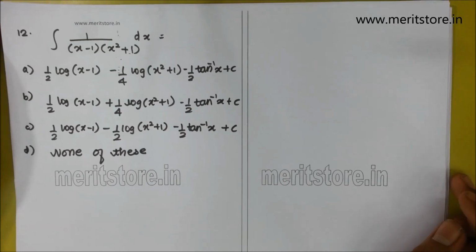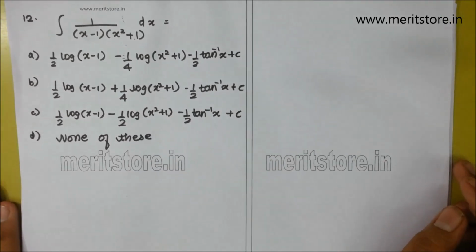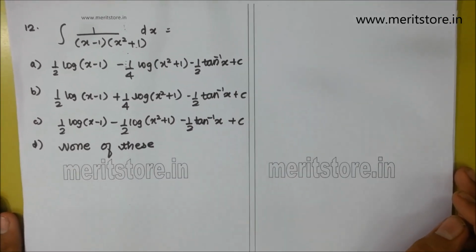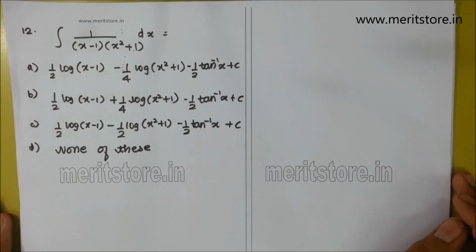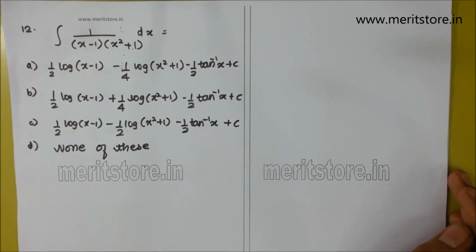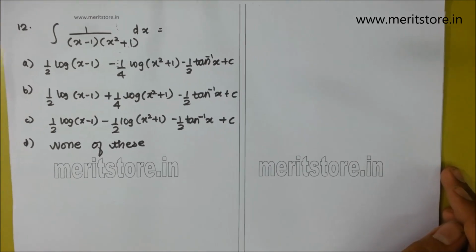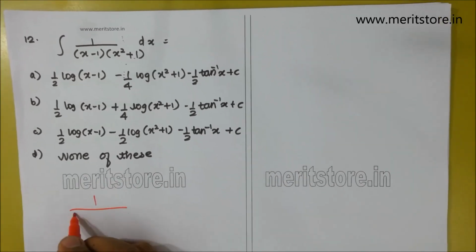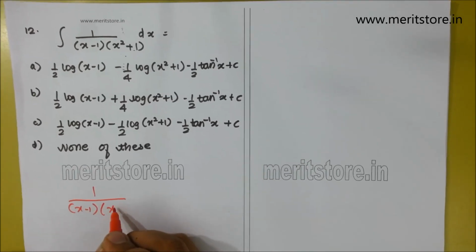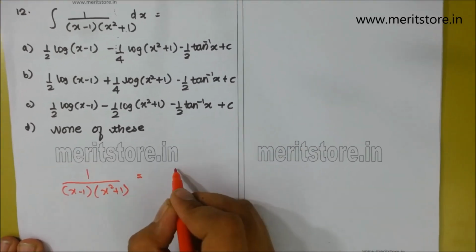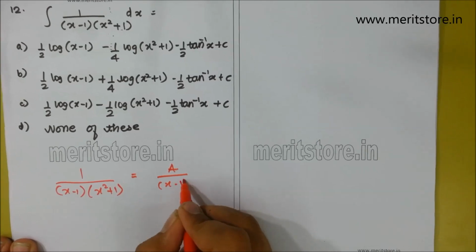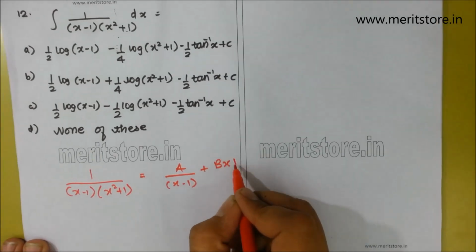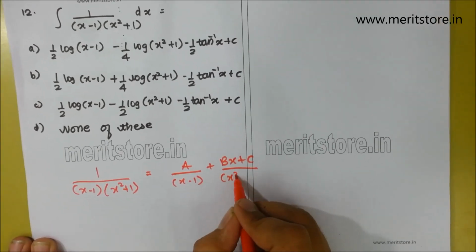Question number 12. Integration of 1 upon x minus 1 into x square plus 1 dx is equal to, now this question can also be solved by partial fractions of non-repeated roots, that is 1 upon x minus 1 x square plus 1 can be written as a upon x minus 1 plus bx plus c upon x square plus 1.